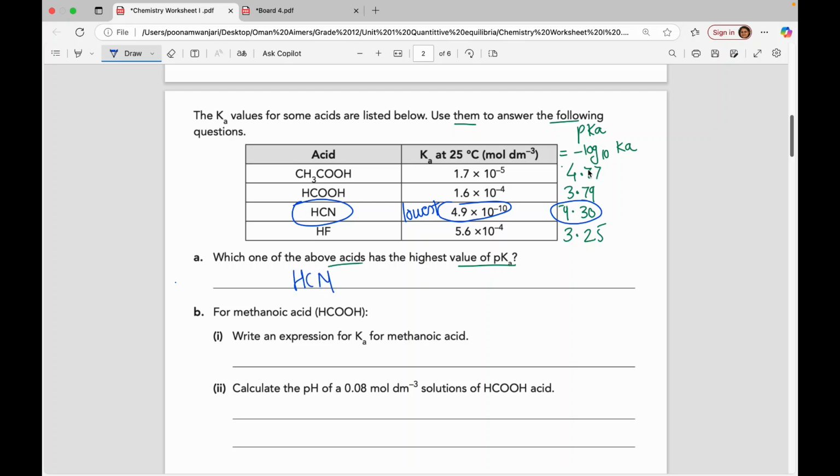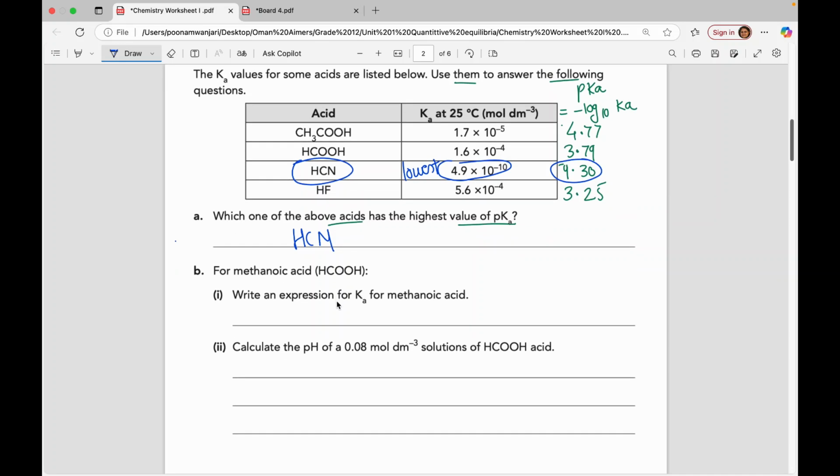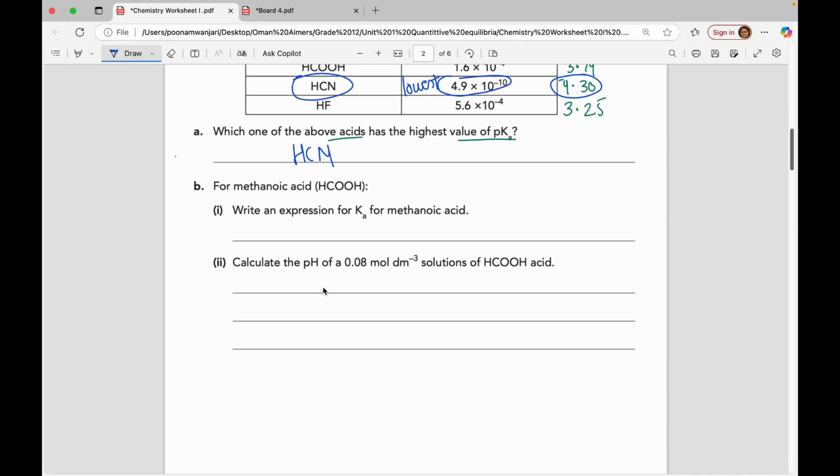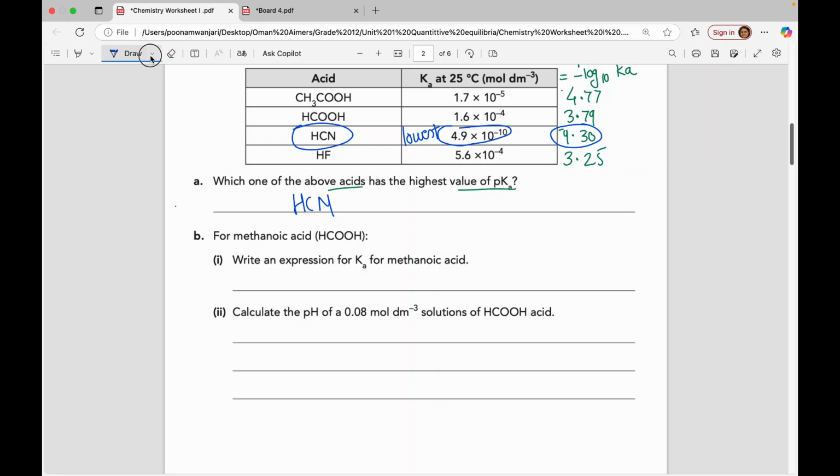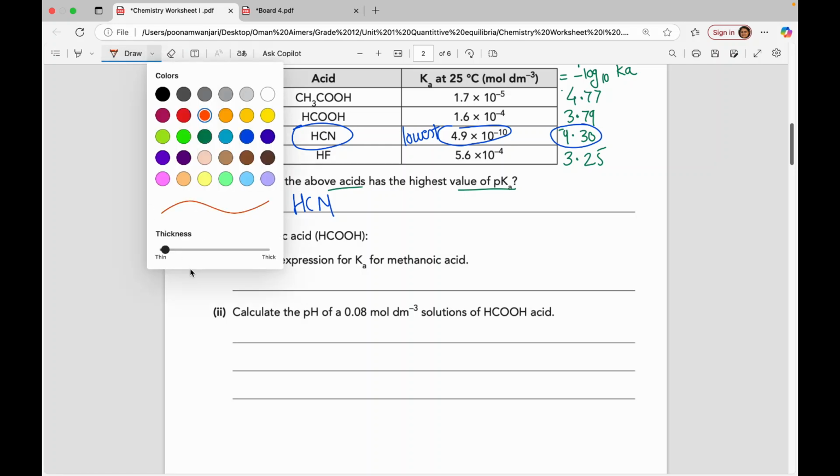If you take the log, it is easy to get the answer, but if you don't want to take the log, you can compare the negative powers. 10 to the power minus 10 is the lowest here, so if Ka is lowest, its pK value should be highest. So HCN is the answer here. Now for methanoic acid, we have to focus on methanoic acid now.